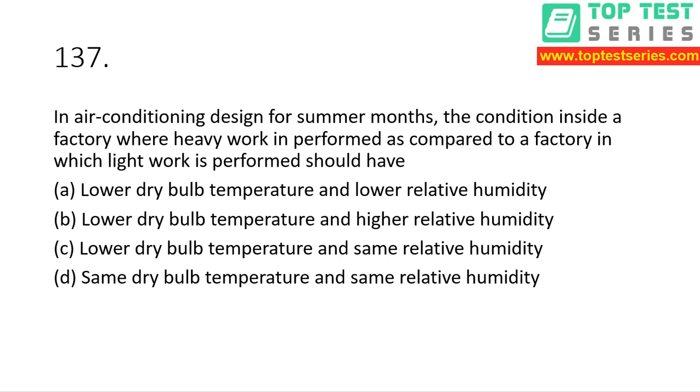Wherever heavy work is going on, we require the dry bulb temperature and relative humidity to be lower, because if heavy work is going on, automatically the dry bulb temperature and relative humidity will be high. Therefore we should keep that lower condition. Therefore option A is the correct answer for this question.